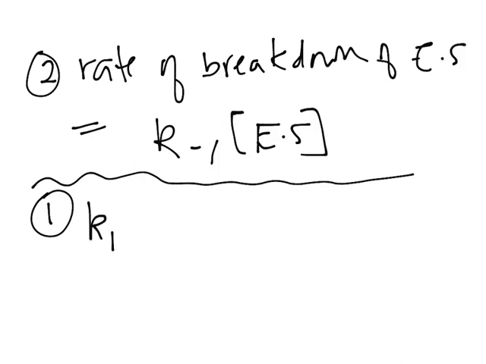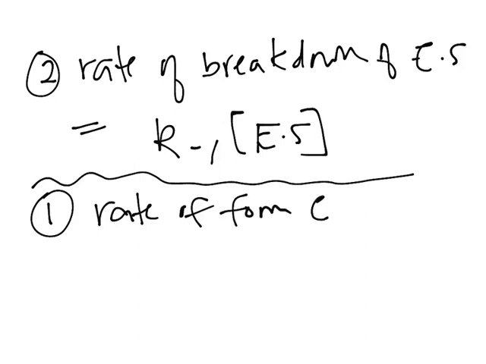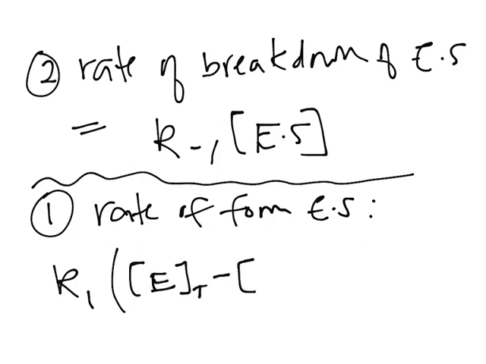So the rate of formation of the enzyme substrate complex, substituting into my first expression, is going to be K1 times the concentration of total enzyme minus the concentration of the enzyme substrate complex, so I'm substituting in for the concentration of enzyme in that expression, times the concentration of substrate.